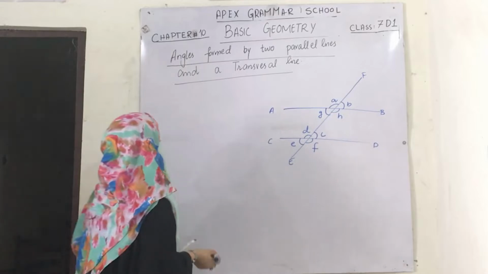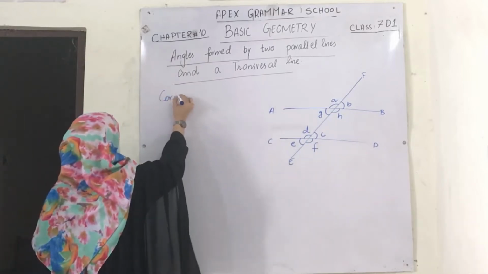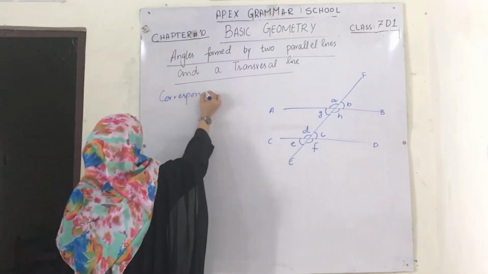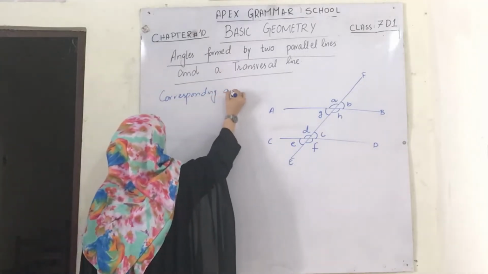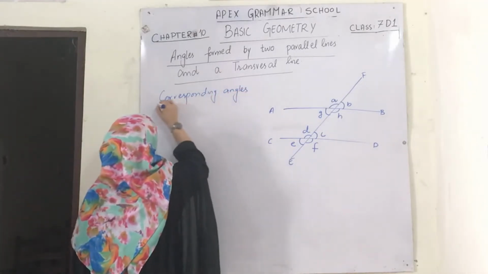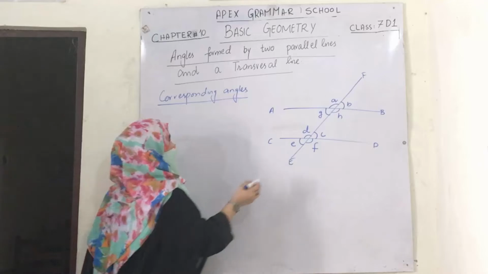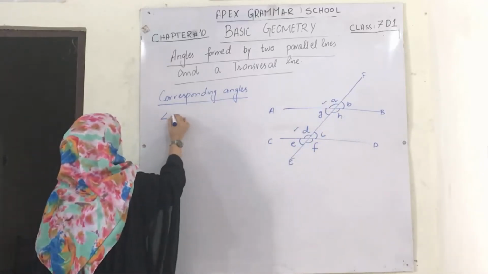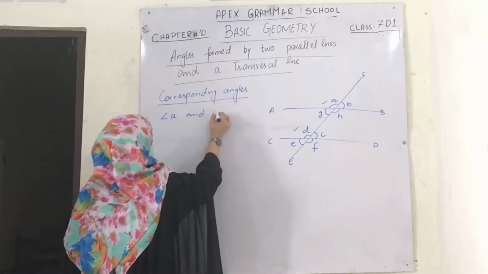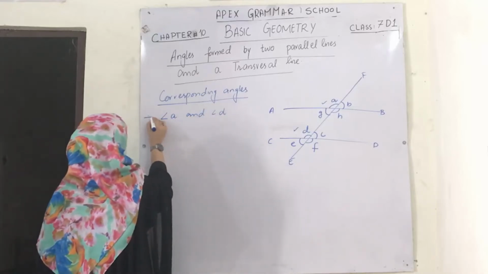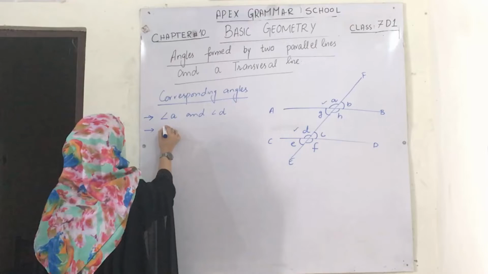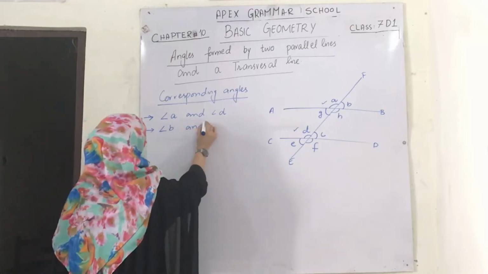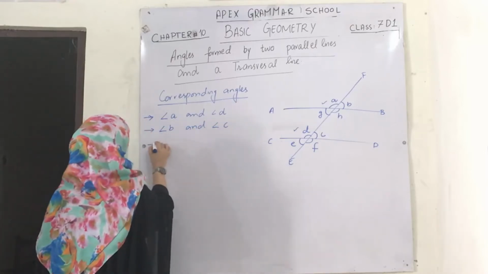So first I am going to discuss corresponding angles. When you see the figure, you will see that A and D are corresponding. So angle A and angle D are corresponding. Next angle B and angle C are corresponding.